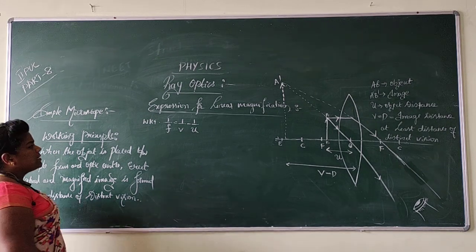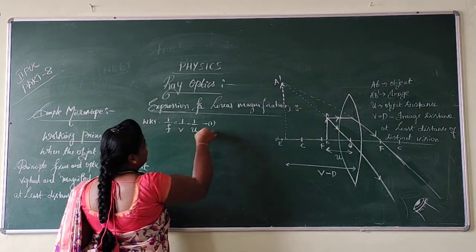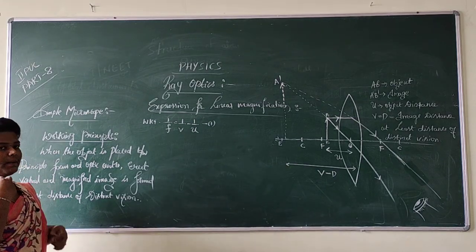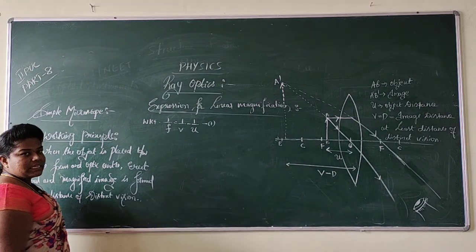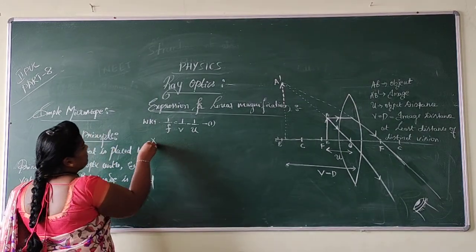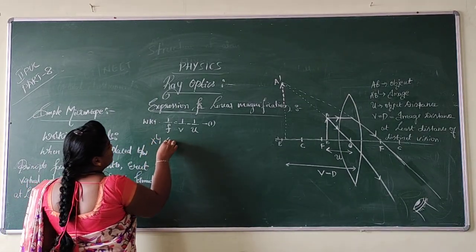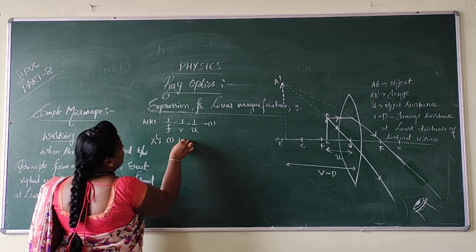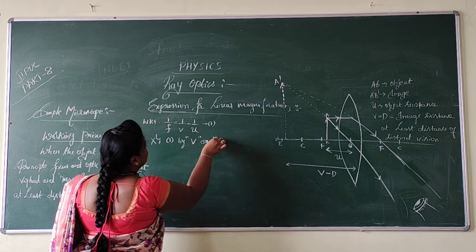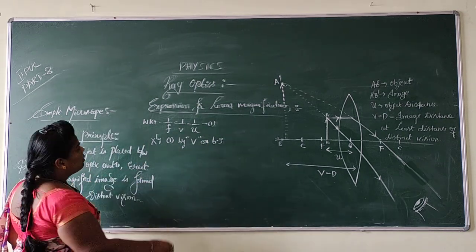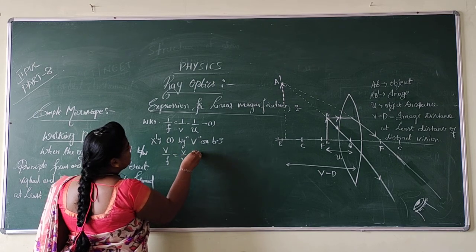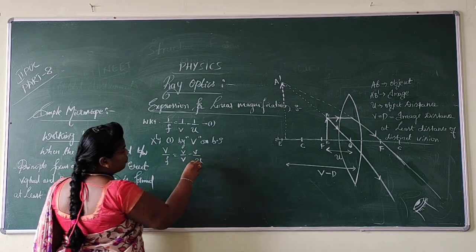I will take it as equation number 1. To reduce my expression, I am multiplying this equation on both sides by the image distance v. What will happen now? v by f is equal to v by v minus v by u, right?